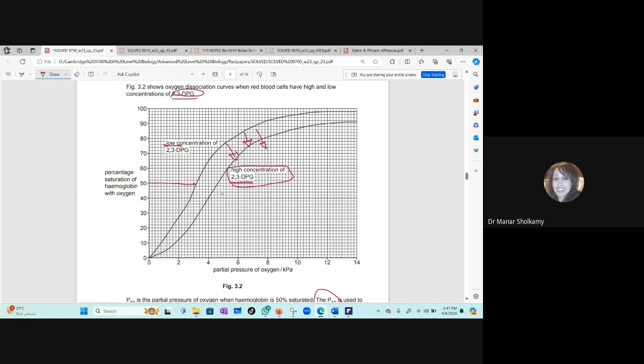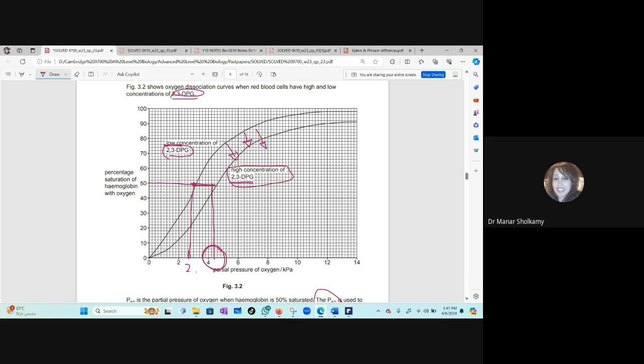When there is low concentration of this, the partial pressure of oxygen was around 2 point something when the percentage saturation of hemoglobin was 50%. If you want to get numbers from the graph, okay? So what you said is correct.